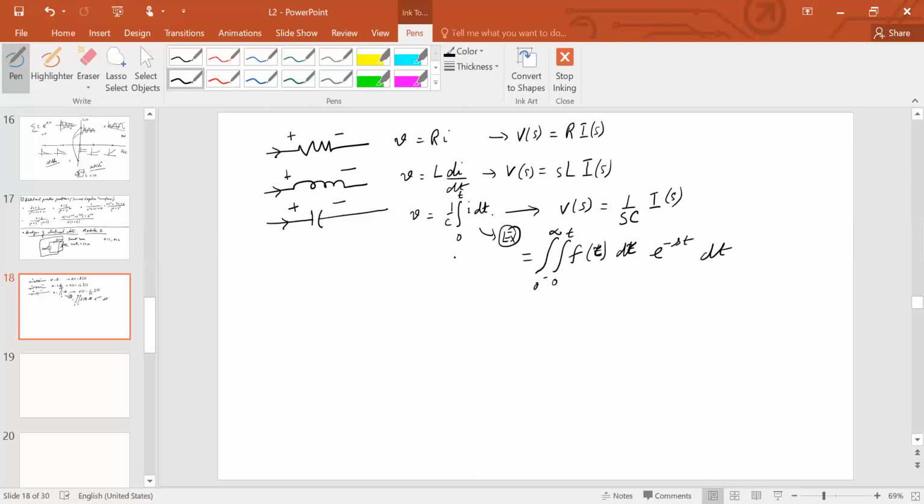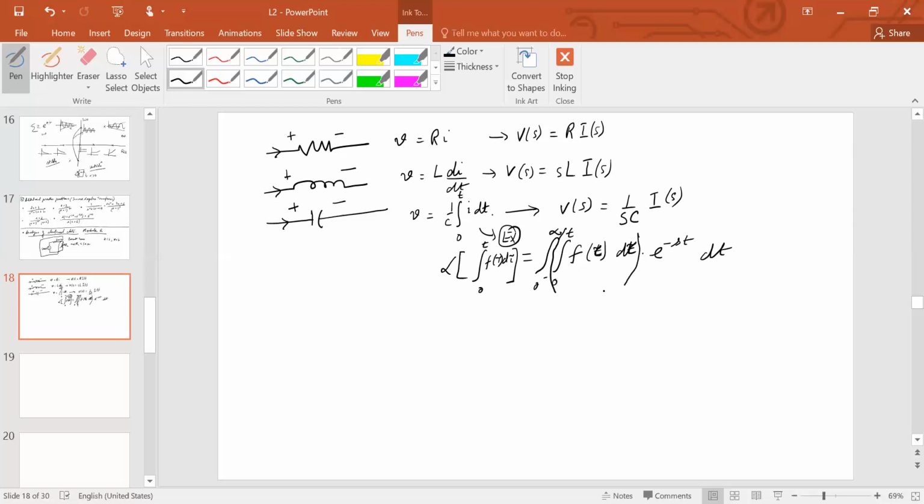This is basically the Laplace transform of the integral from 0 to t of f(tau) d tau. Right? So I invite you to derive this expression and see for yourself. You take this as one part, u dv.